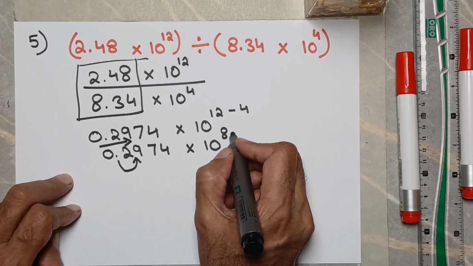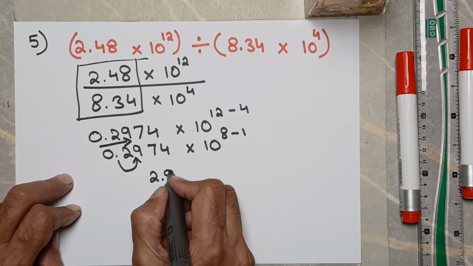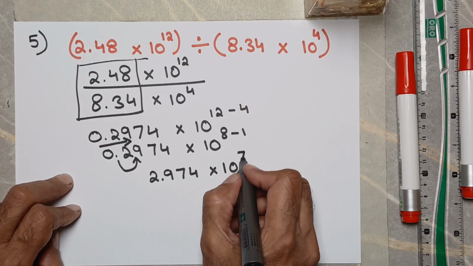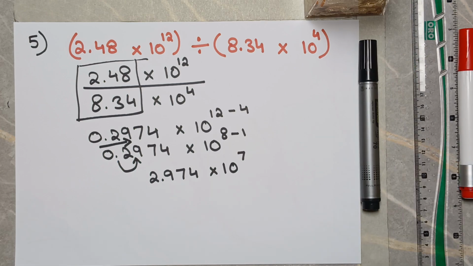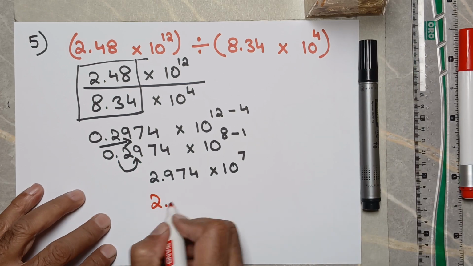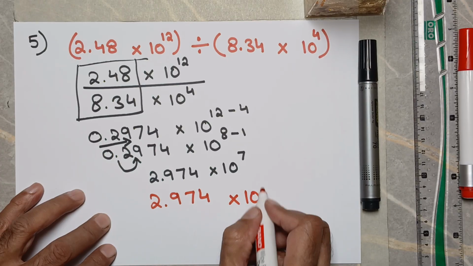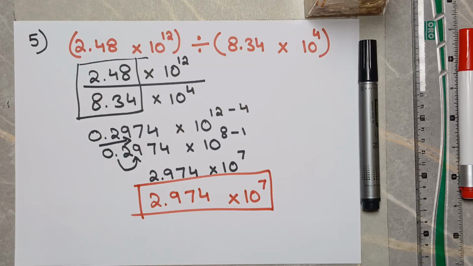So it will become 8 minus 1. Now it will be 2.974 times 10 raised to the power 7. And here it is your final answer: 2.974 times 10 raised to the power 7.